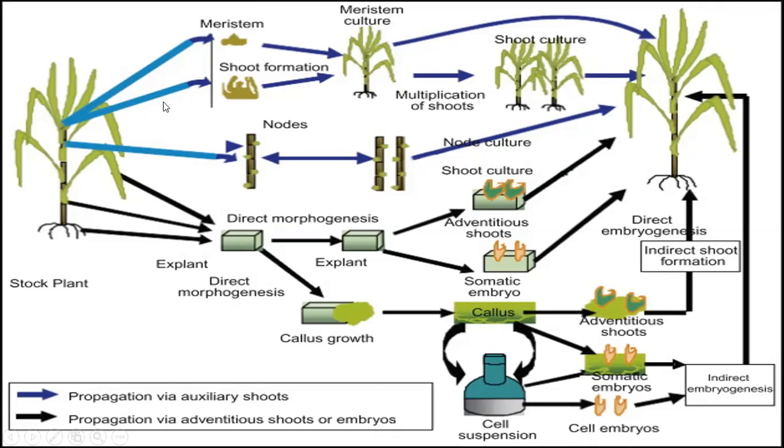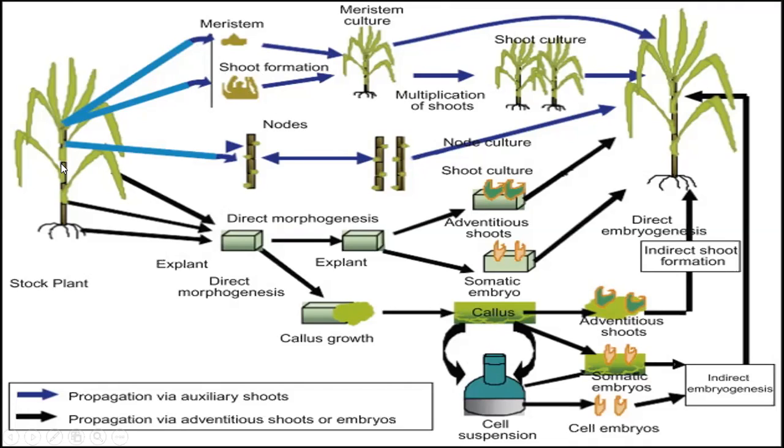Then we are able to use some shoot which is not containing the meristematic region, okay. Excluding the meristematic region, some shoot part can also be used as an explant. Then nodes, okay. So here in sugarcane we are able to easily observe nodes and internodes, okay.